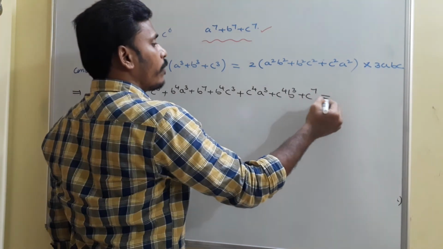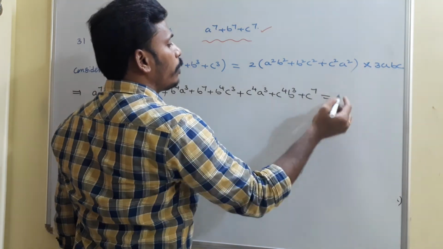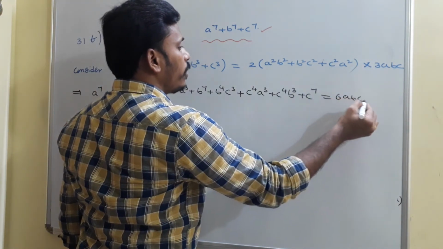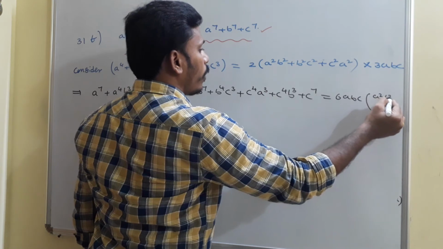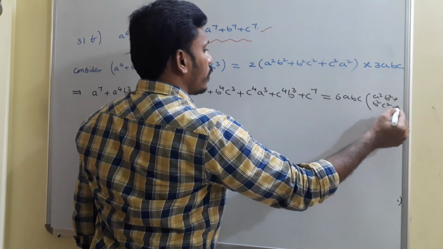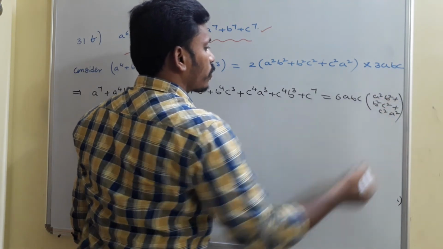And on this side, 2 times this value with 3abc is directly 6abc times a square b square plus b square c square plus c square a square.